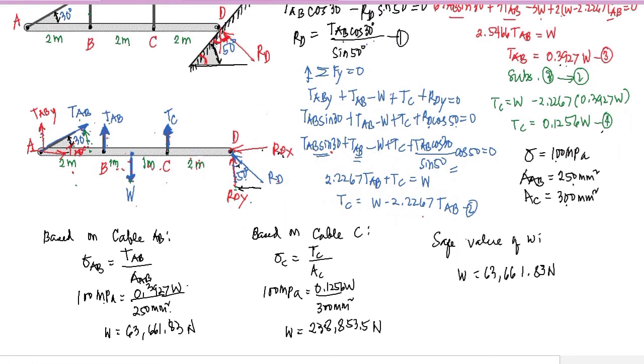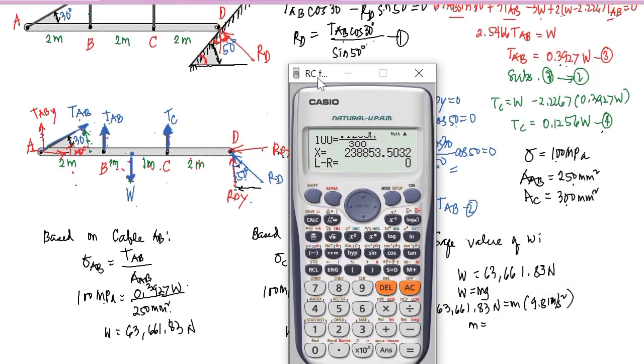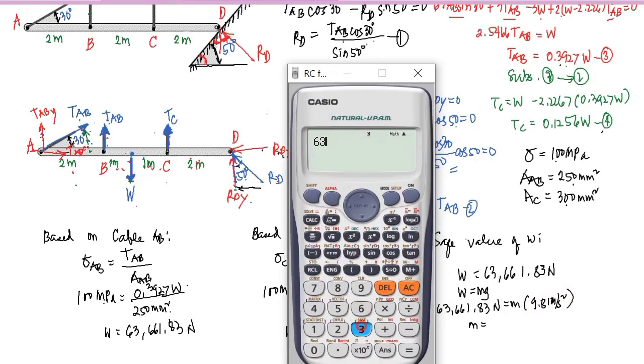So we know that the weight is equal to mass multiplied by the gravitational acceleration constant. So we have here 63,661.83 Newton is equal to mass multiplied by 9.81 meter per second square gravitational acceleration constant. So 63,661.83 is equal to 9.81 of m.